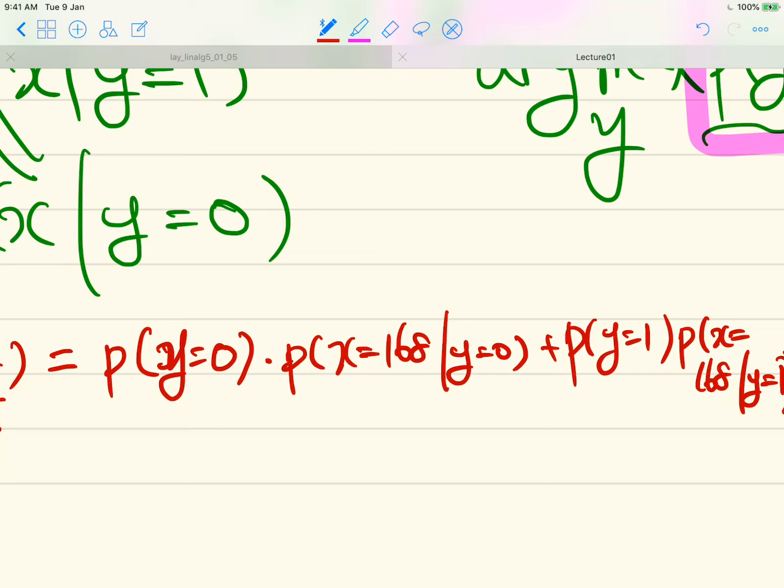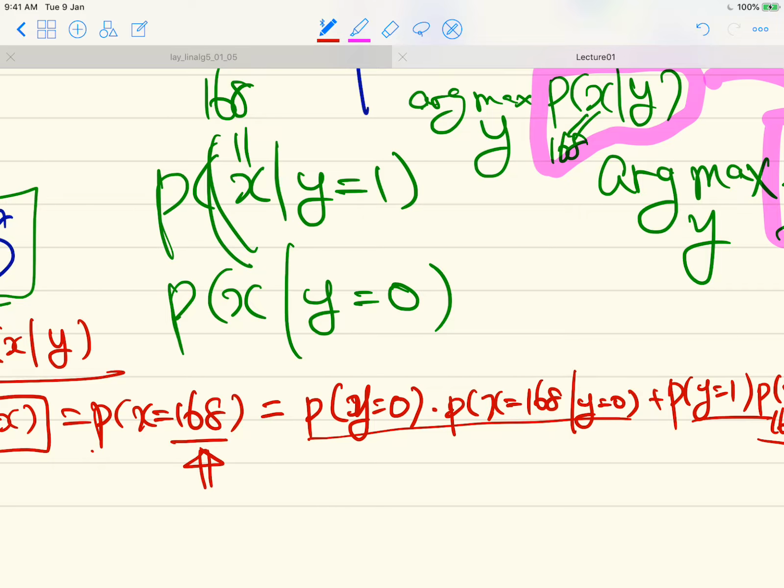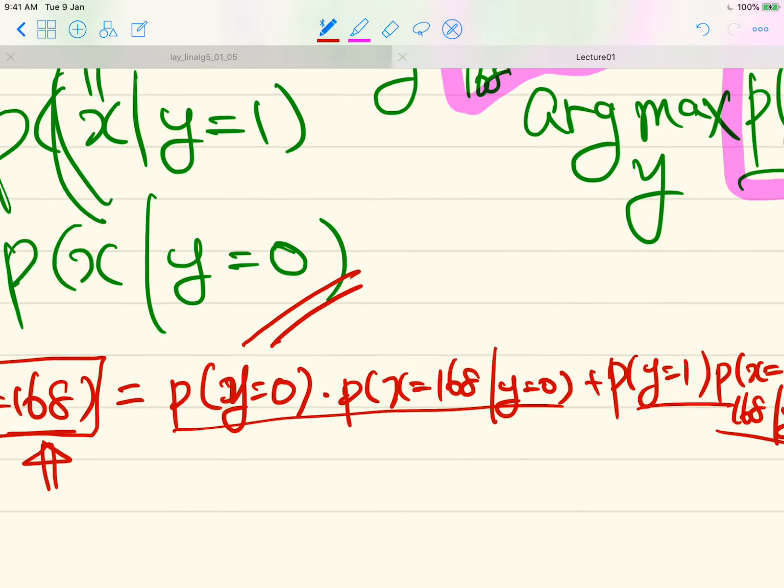Intuitively, we can think of it as considering all the possible routes by changing different y values, forming this probability, and then summing all of them up, okay? That will be the marginal probability value corresponding to x being 168. But it can also be formally written in this form.